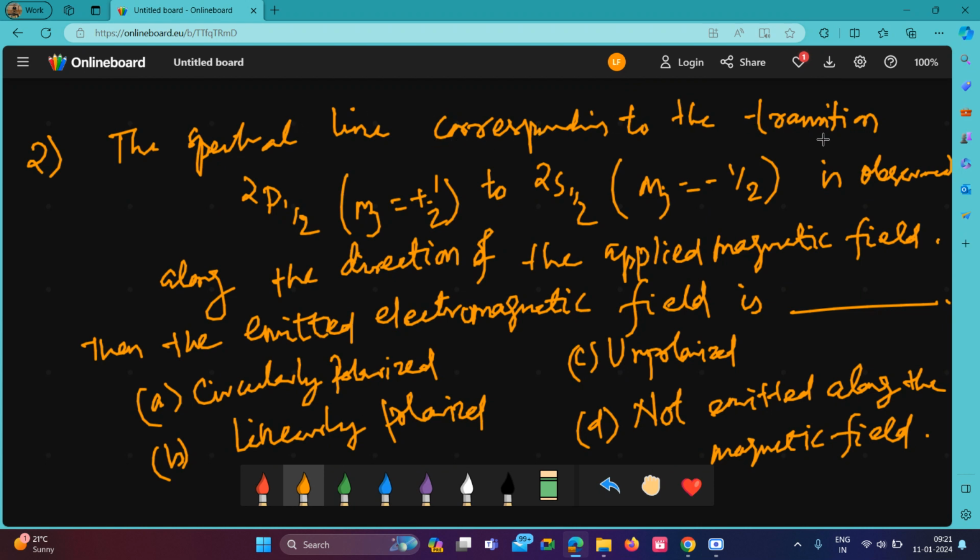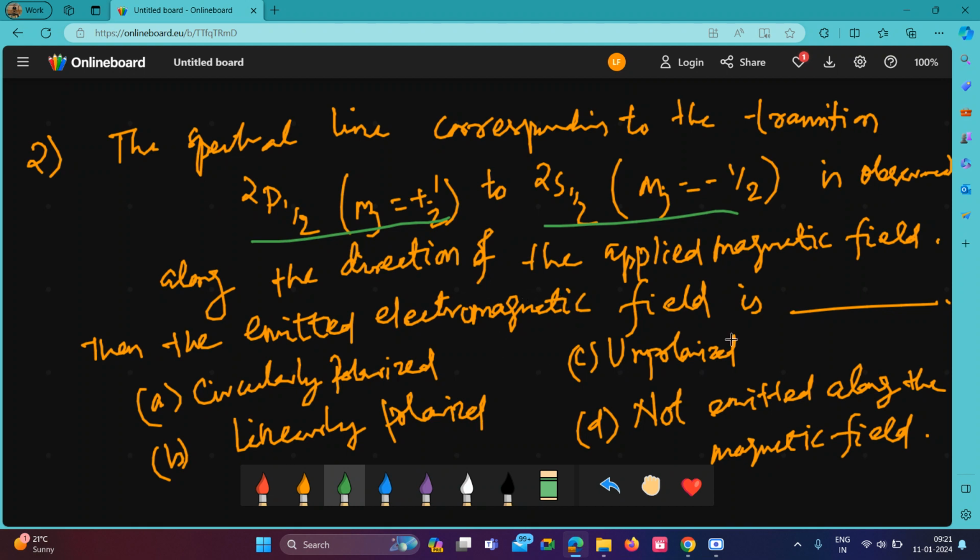So the spectral line corresponding to the transition 2p1/2 mj equal plus half to 2s1/2 mj equal minus half is observed along the direction of the applied magnetic field. Then the emitted electromagnetic field is what?